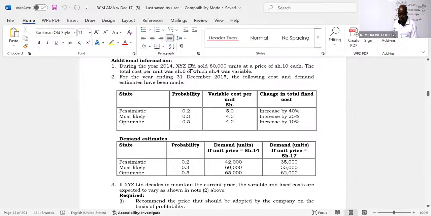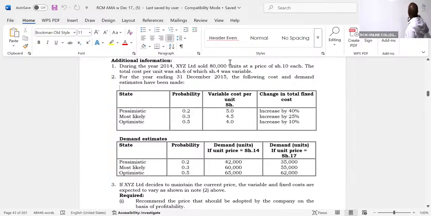Look at this. During the year 2014, XYZ Limited sold 80,000 units at a price of 10 each. The total cost per unit is 6. You see, within total cost, what do we have? Fixed cost and variable cost. So in this case, total cost is 6, of which 4 is variable.